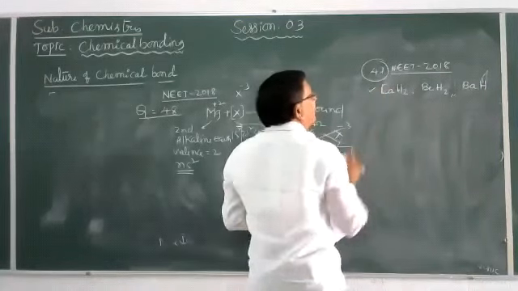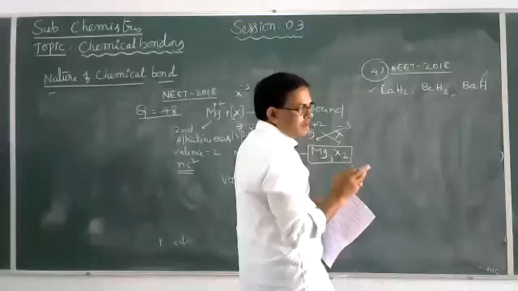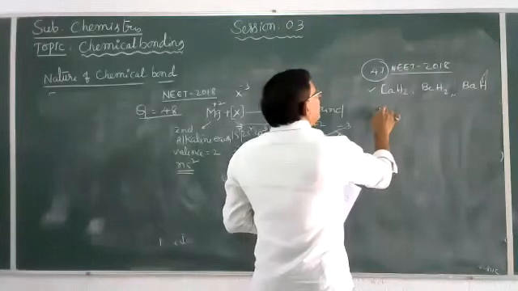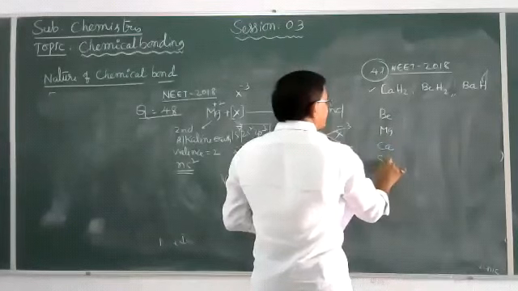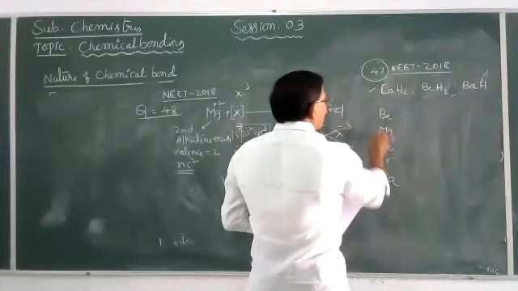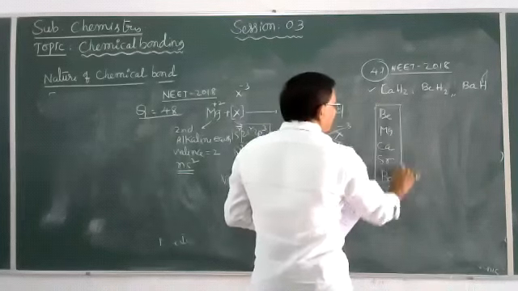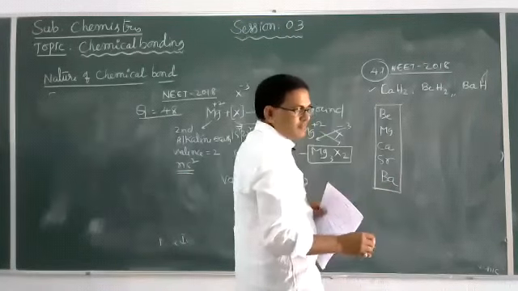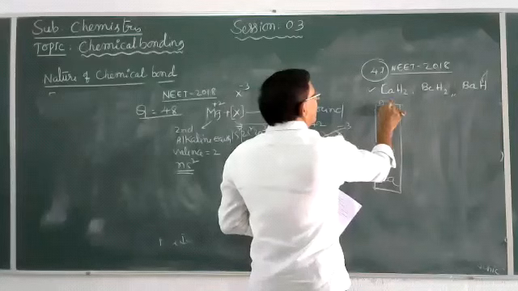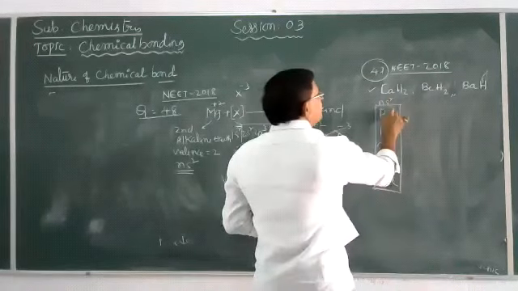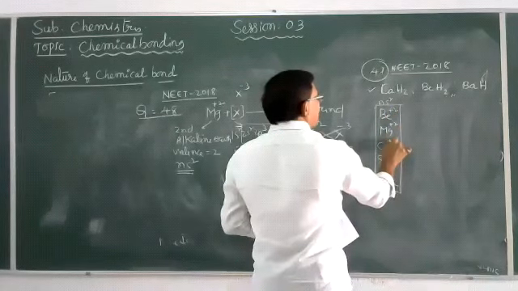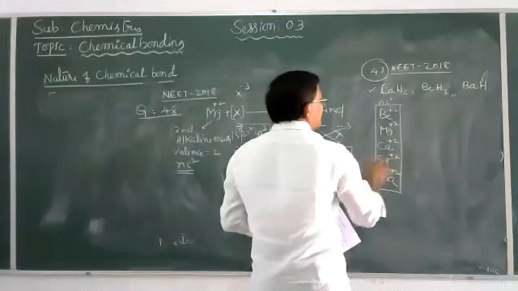Now the correct ionic character order, increasing or decreasing. Beryllium, magnesium, calcium, strontium, barium are the second group elements, alkaline earth metals. Their general electronic configuration is ns2 and their valency is +2.